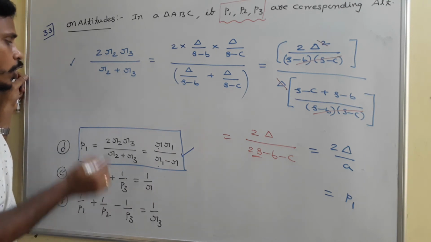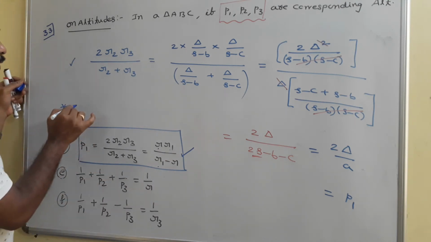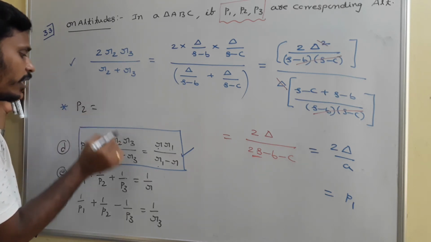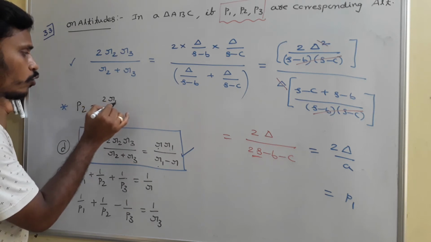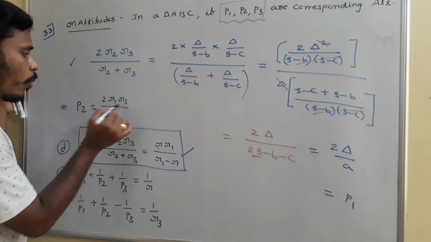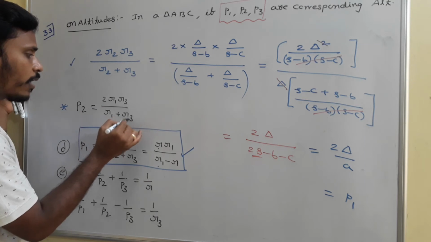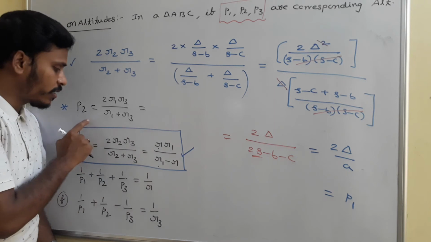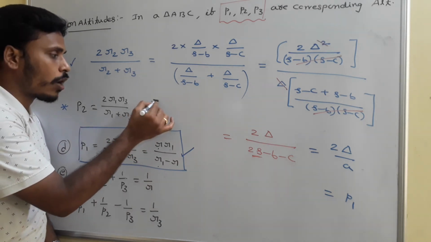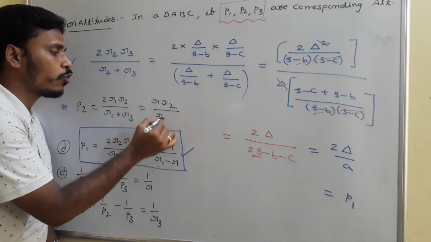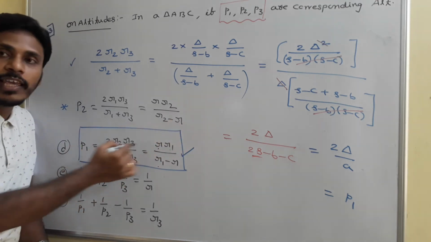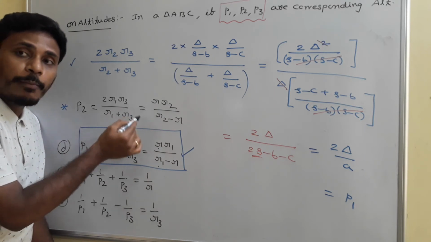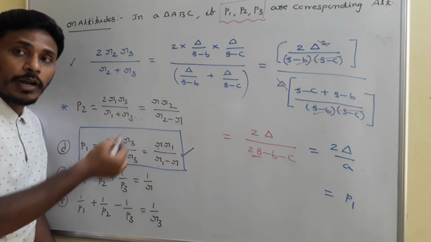This is about P1. So if you wish to write about P2, what will happen? Since it is P2, it involves R1 and R3. So 2R1R3 by R1 plus R3. And again it is equal to, since it is 2 here, it involves 2, so R2 by R2 minus R. Similar to the given proof, there is a chance to write P2, and based on that P2, there is a chance to write P3 also.